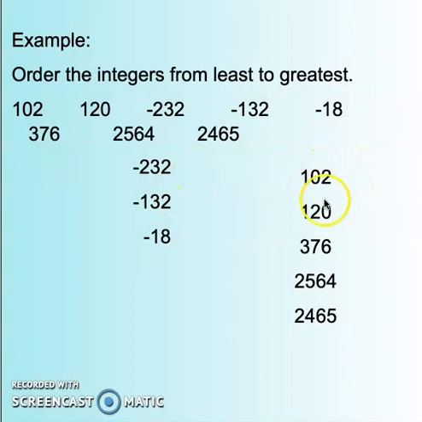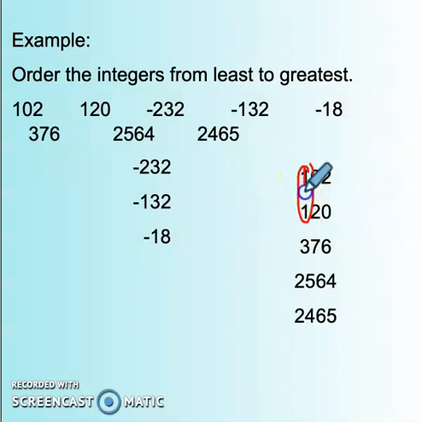And now we need to figure out, okay, well, what about the positive numbers over here? Are they also in the same order? Are they least to greatest? Well, let's start off with these two right here. I notice that they're in the 100s, like this is 102, this is 120.